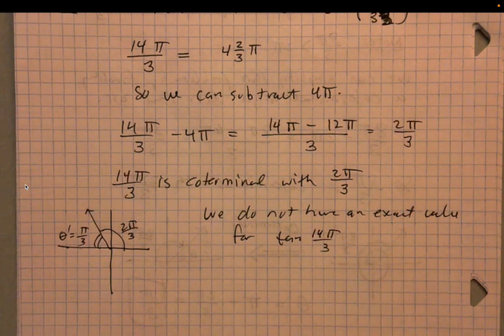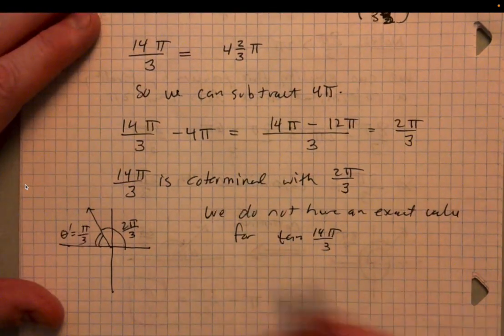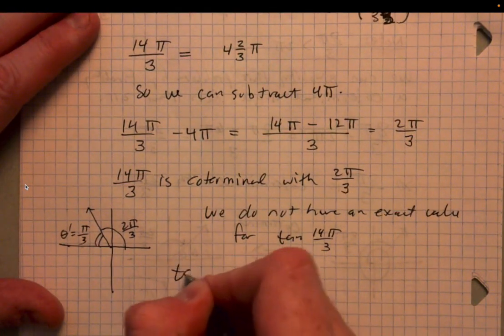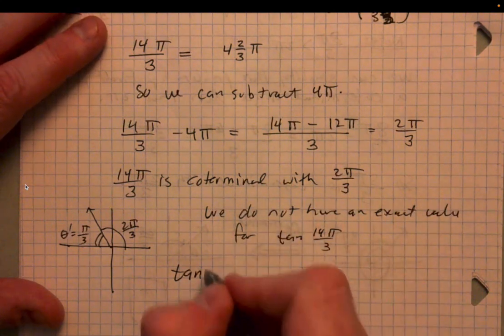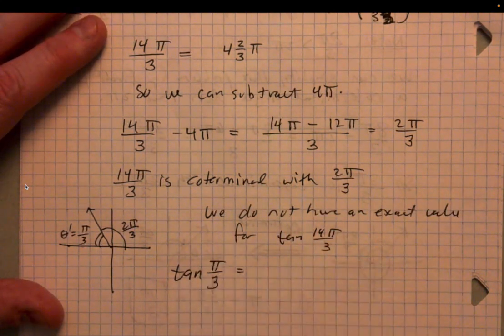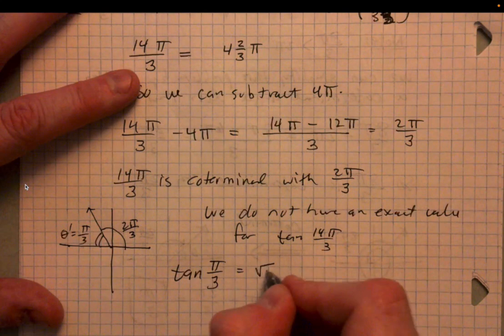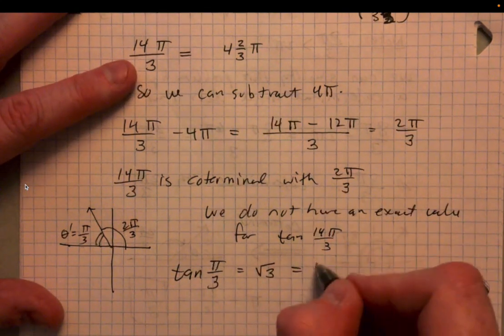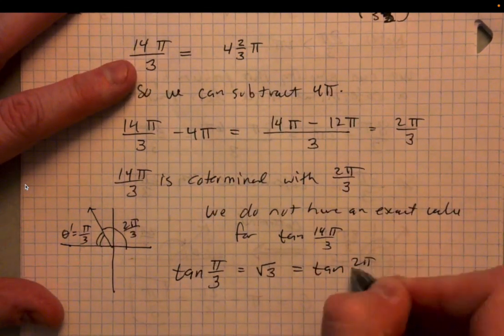But we do actually have an exact value for tangent of 2 pi over 3 or tangent of pi over 3. Right? We do have exact values for that. Okay, and we can just look that up in our notes. We can see that the tangent of pi over 3 is equal to square root of 3. And that's also the same as the tangent for 2 pi over 3.